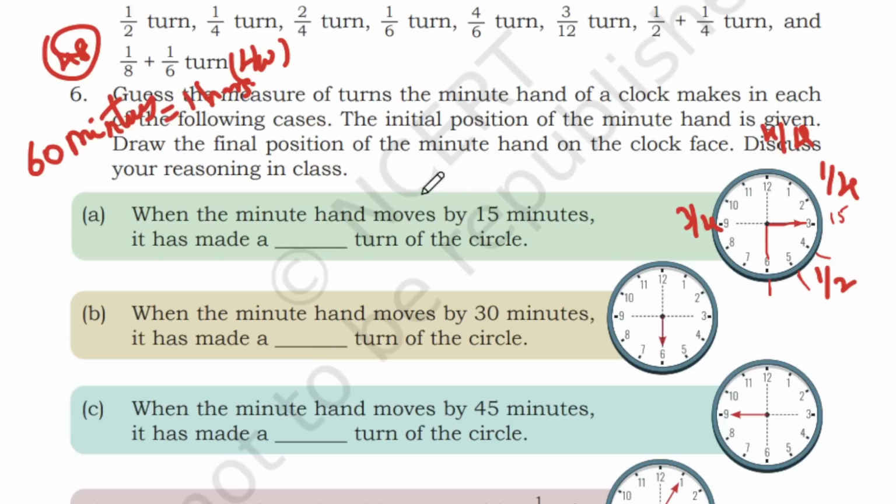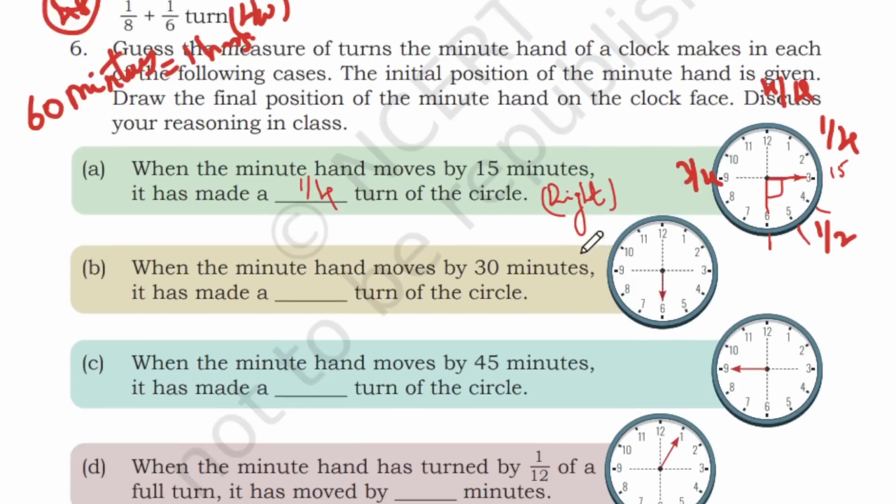So when the minute hand has moved by 15 minutes, it has made 1/4 turn of the circle. Okay, a right angle it is making. In case they are asking what angle it is making, you can write right angle.